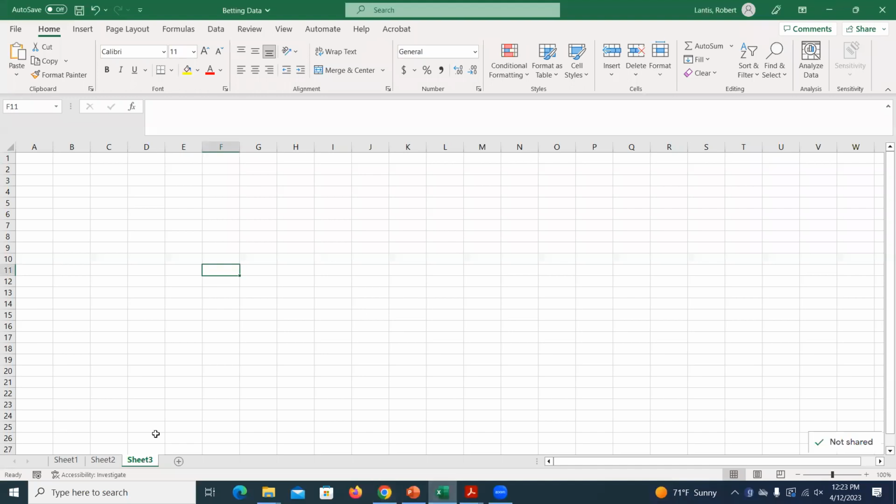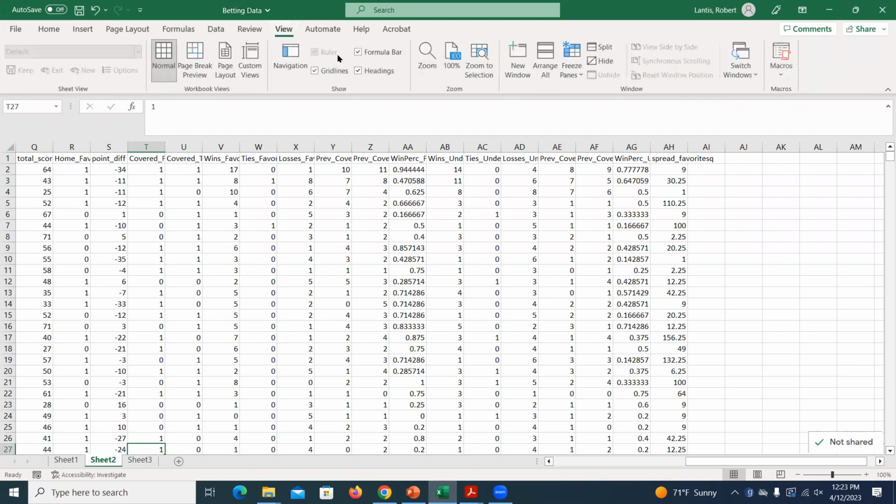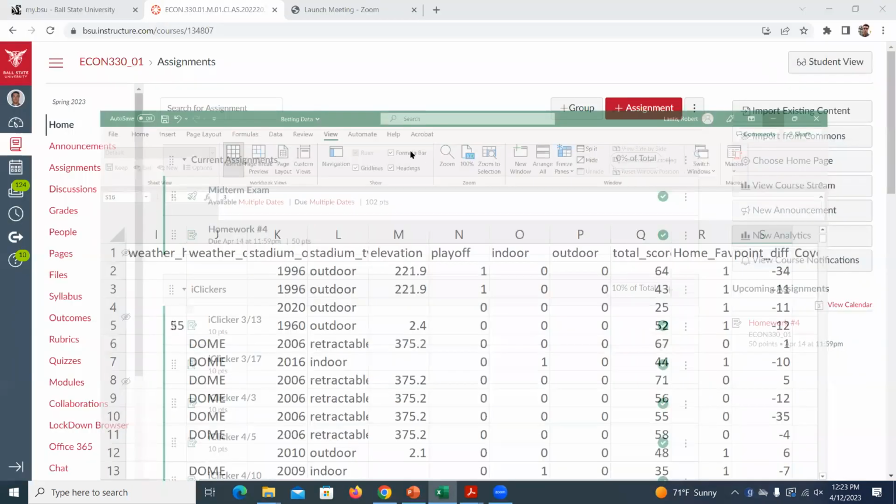What I then want to do is use this betting data that I put up on Canvas. So we'll play around with this a little bit. Let me point out a couple things. Let me see what I selected.